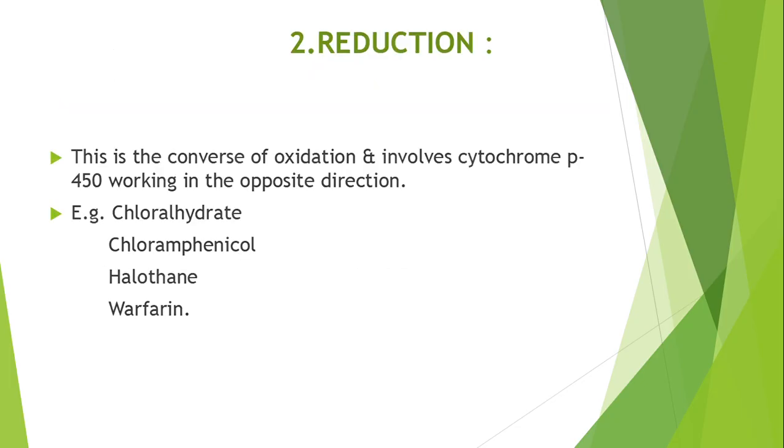Then coming to another phase 1 reaction, that is reduction. Reduction is the converse of oxidation and involves cytochrome P450 working in the opposite direction. For example, chloral hydrate, chloramphenicol, halothane, warfarin, etc.